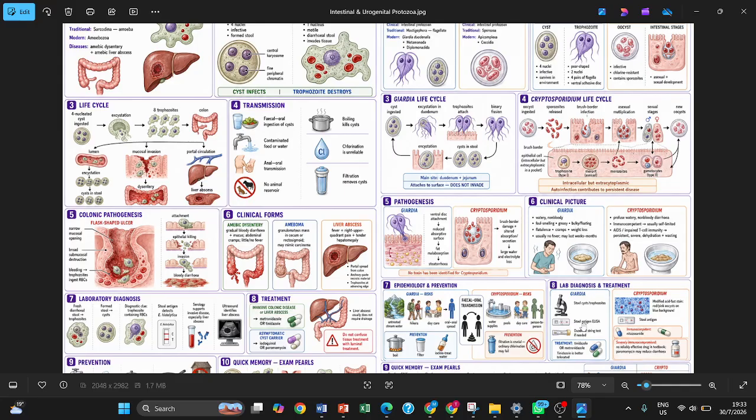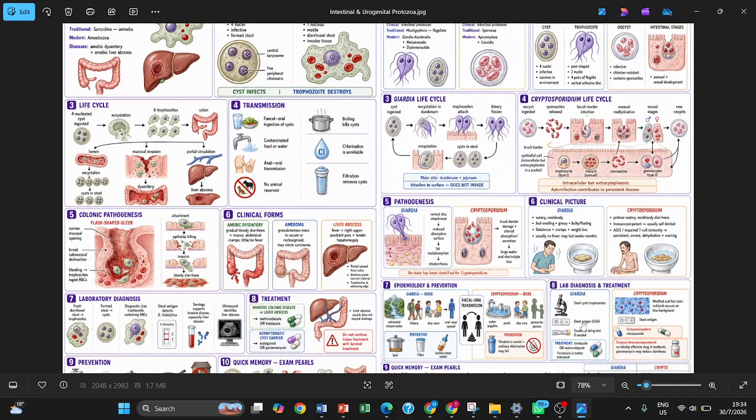And then as for the treatment, you can give someone suffering from Entamoeba histolytica metronidazole. Someone suffering from Giardia lamblia, you can also give them metronidazole. And someone suffering from Trichomonas vaginalis, metronidazole. But for Cryptosporidium, there isn't exactly an exact treatment.